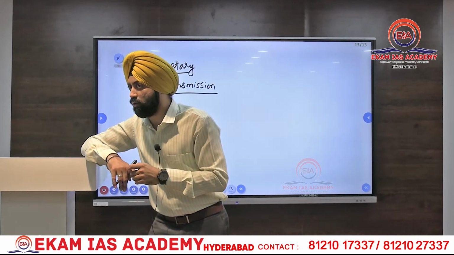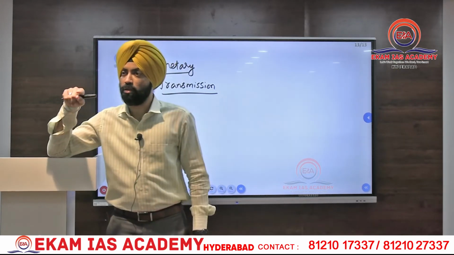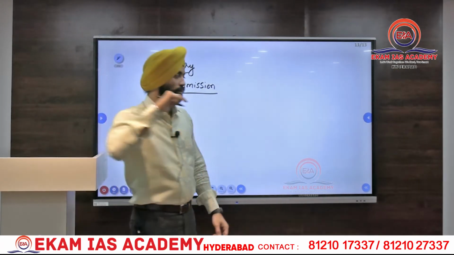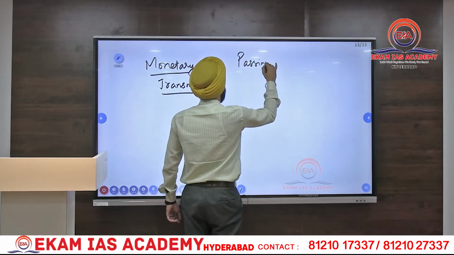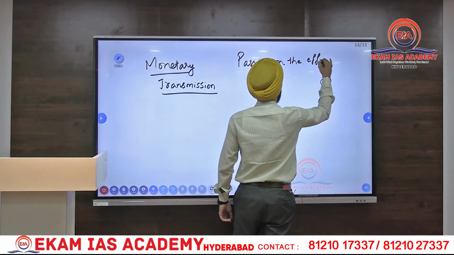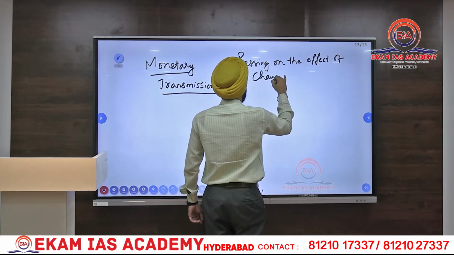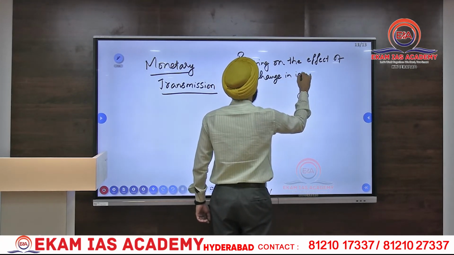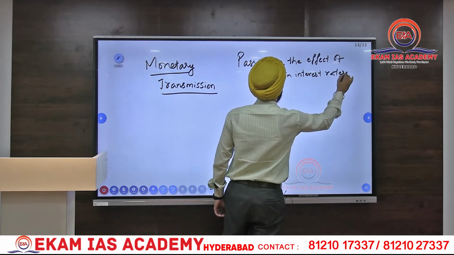Passing on the effect. Yes, passing on the effect of change in the interest rates, right? Very good. Passing on the effect of change in interest rates is known as monetary transmission.